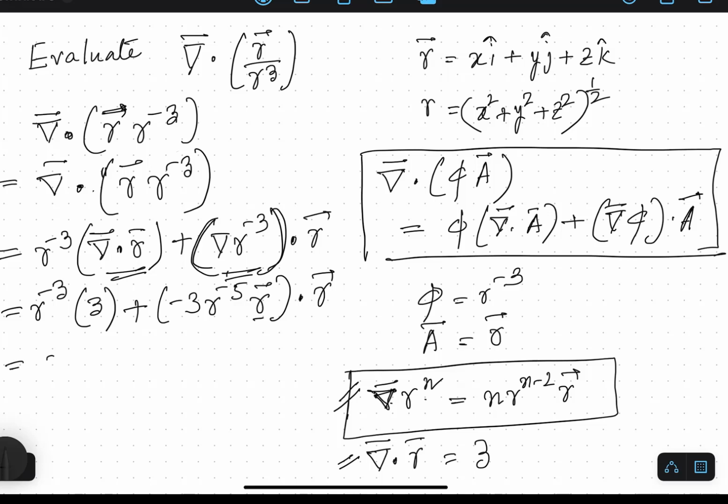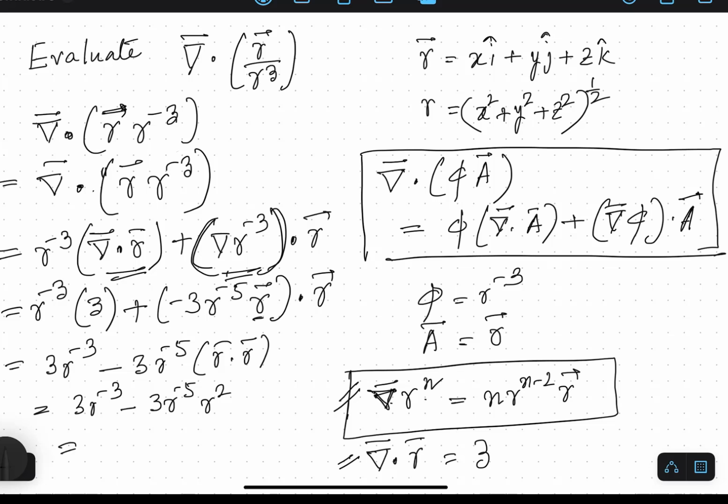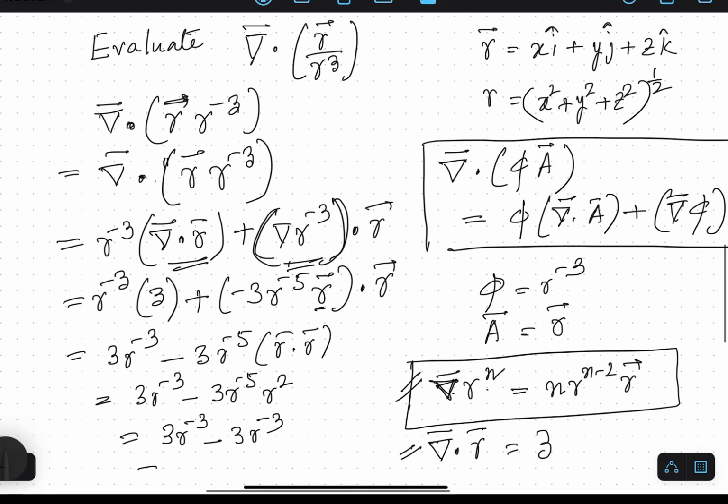So I can write 3 r to the power of minus 3 minus 3 r to the power of minus 5 times r square. Finally I have 3 r to the power of minus 3 minus 3 r to the power of minus 3, and the value is 0.